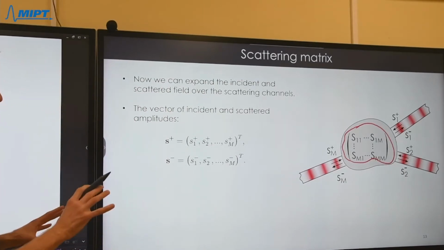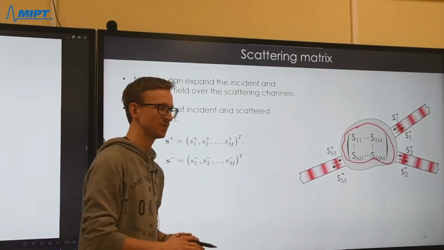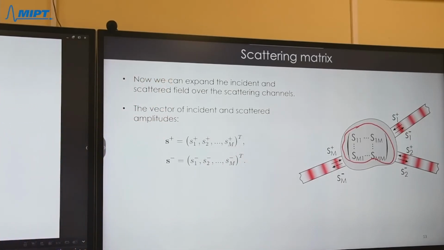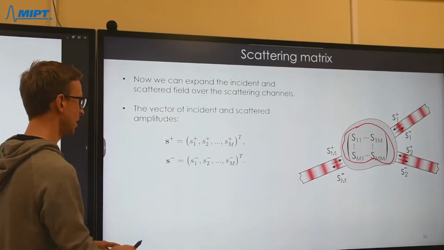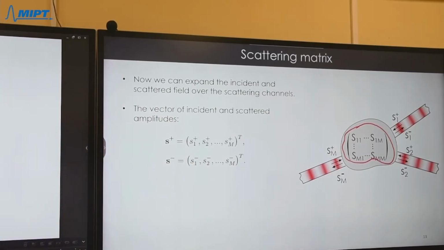What we do know is what happens outside the structure. And outside the structure, the field is carried toward the system by incoming channels and away from the system by outgoing channels. And we expand only the field outside the structure. And these two vectors, S plus and S minus, describe the complex amplitudes of incident and outgoing waves in a particular channel.